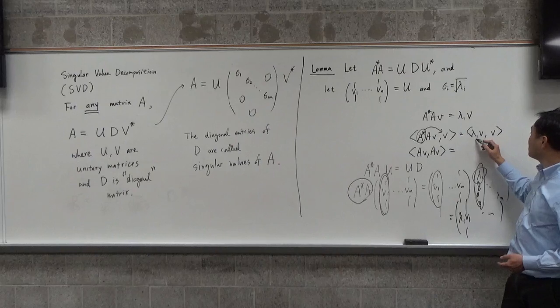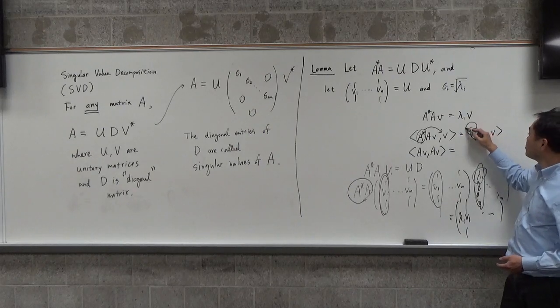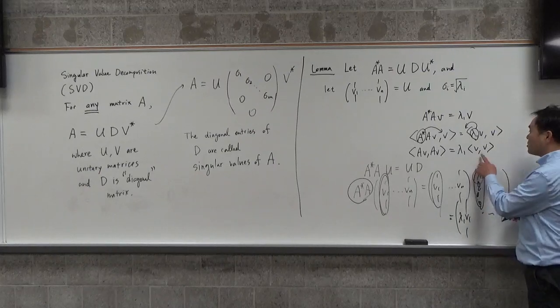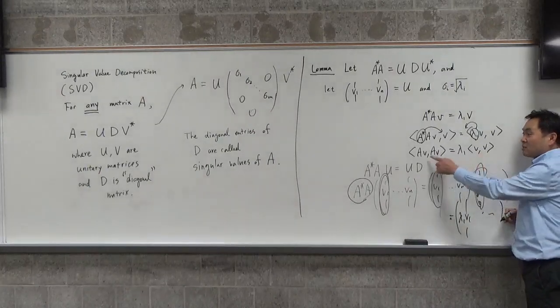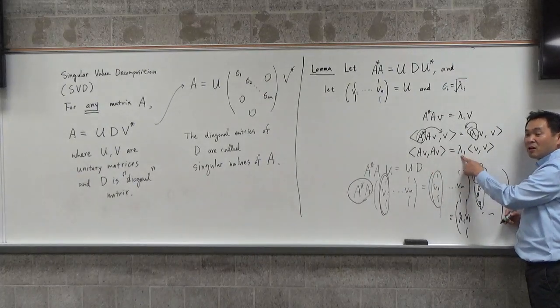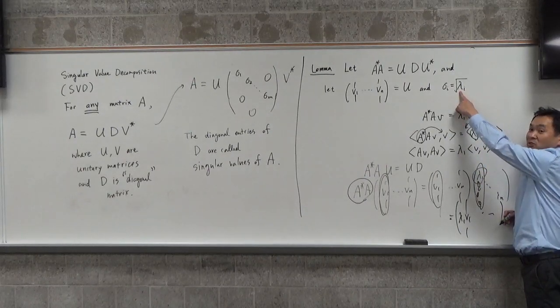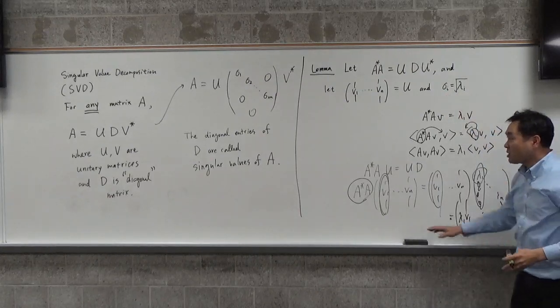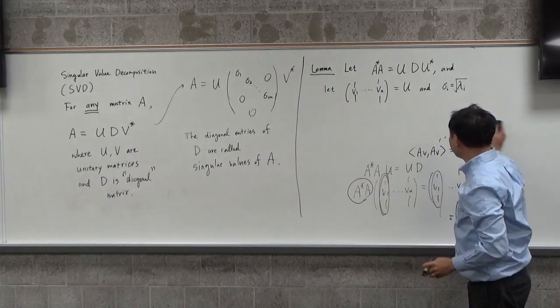And lambda 1 can be pulled out, and you have lambda 1 times the inner product of V with V. But look, this is positive, that's also positive or 0. So lambda 1 has to be 0 or positive. So that means because each of the lambdas is 0 or positive, this definition is okay. So that's something that you should check.